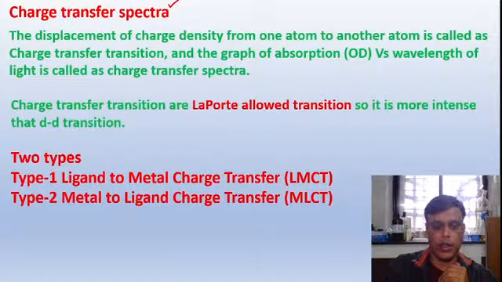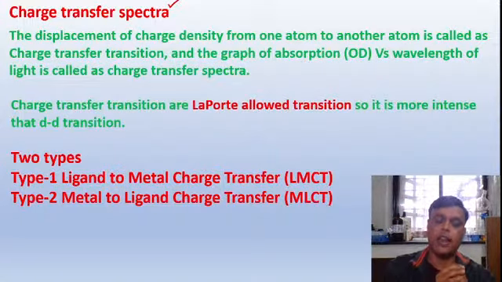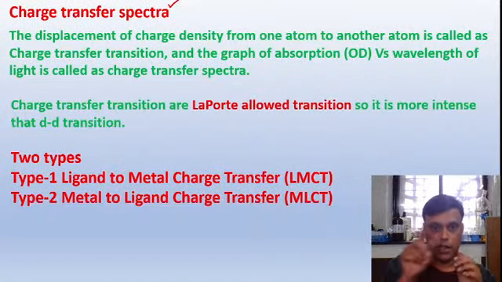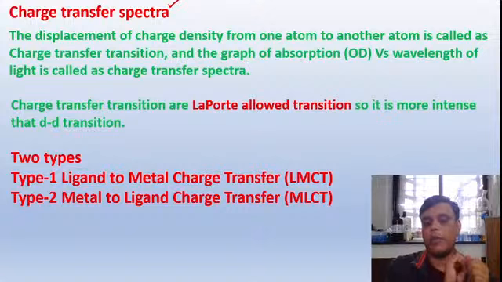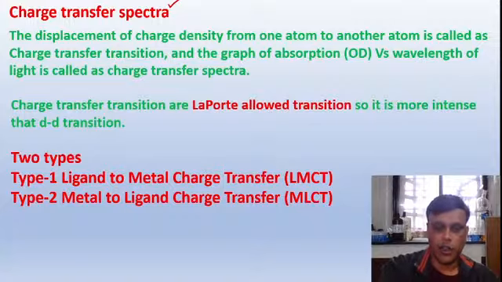Please remember this. So the transfer of electrons from metal to pi orbital of ligand is also called pi bonding, and it is also called back bonding. And this overall phenomenon is called synergism or synergic bonding. Okay, understood this? So we'll see type 1 first.